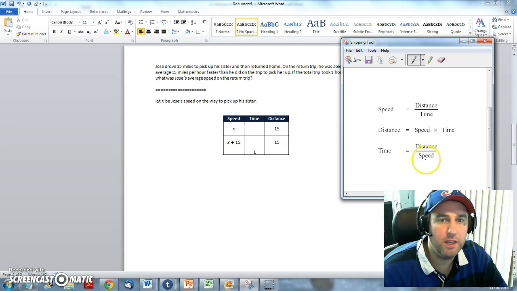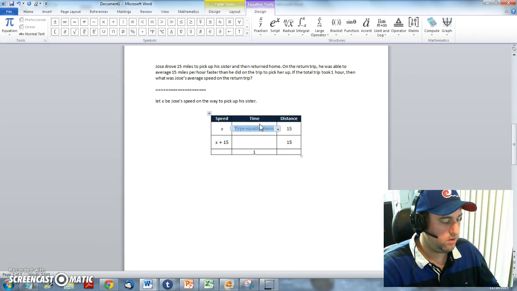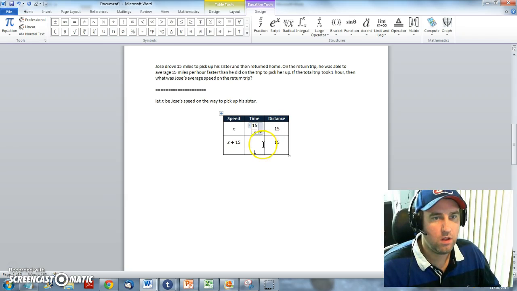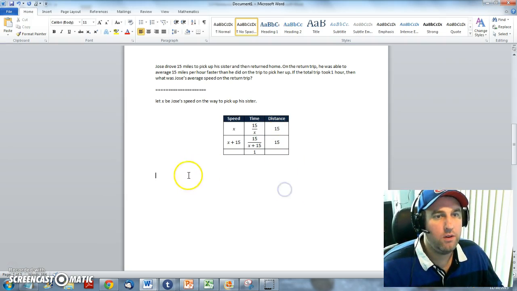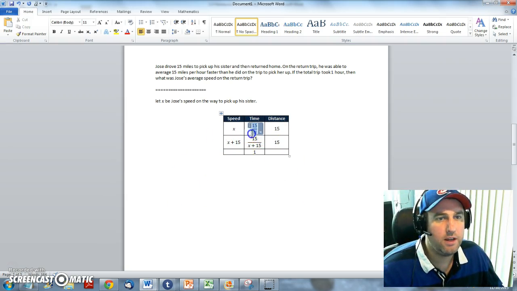So if time equals distance over speed, then we can use this formula to get 15 over x and 15 over x plus 15. So here's basically the formula that we were looking for.